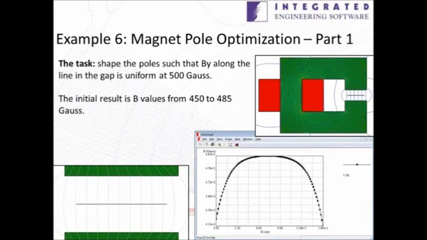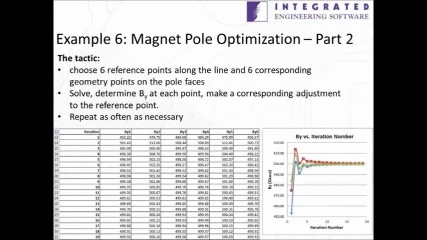So what we want to see then is if there's some way to change the shape of the pole faces, which will make that more uniform and pull its value up to be 500. The approach that was taken was to say, let's divide the pole faces into 6 sections where there is a point that can be pulled in order to change its shape.